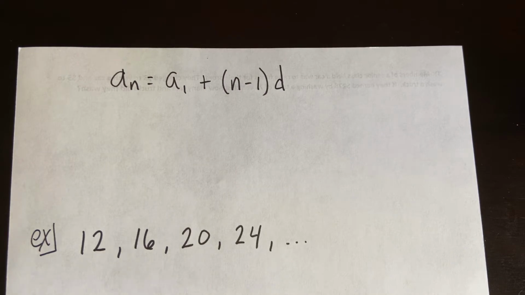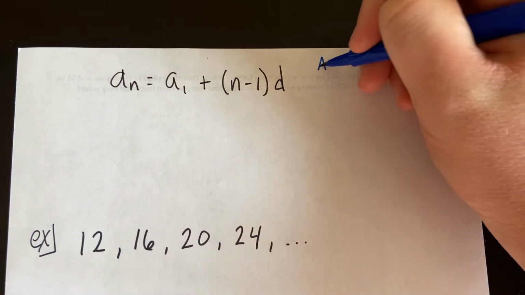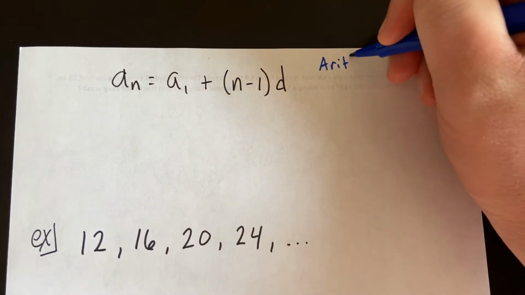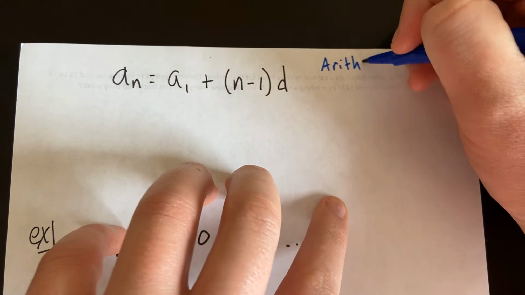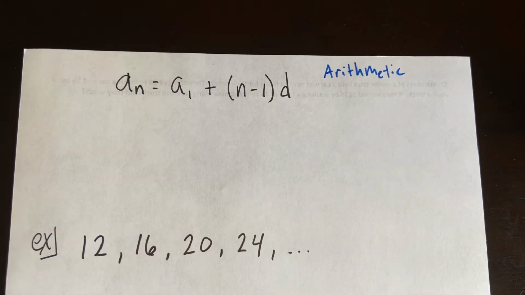So more in detail, we're going to look at arithmetic sequences, okay? So this is kind of a more in-depth lesson on what it means and how to write the equation of an arithmetic sequence.